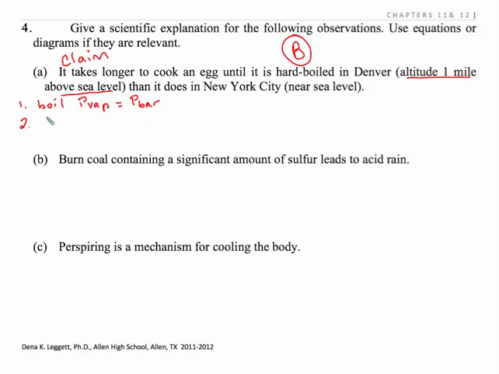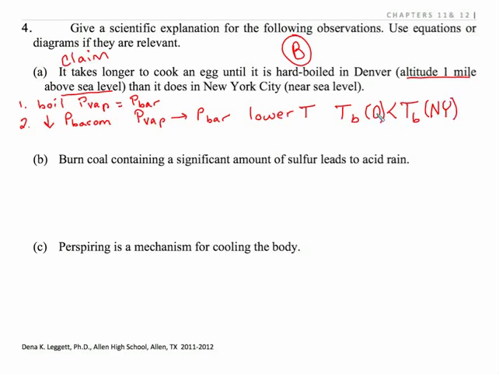So 2, if we decrease the pressure of our barometer, our barometric pressure, that means that the vapor pressure is going to reach that barometric pressure at a lower temperature.